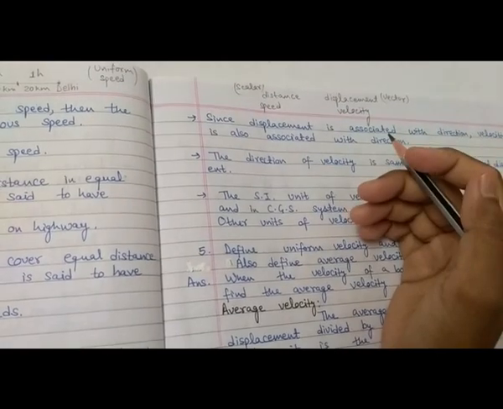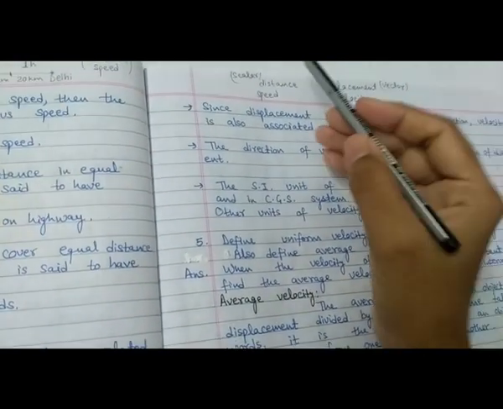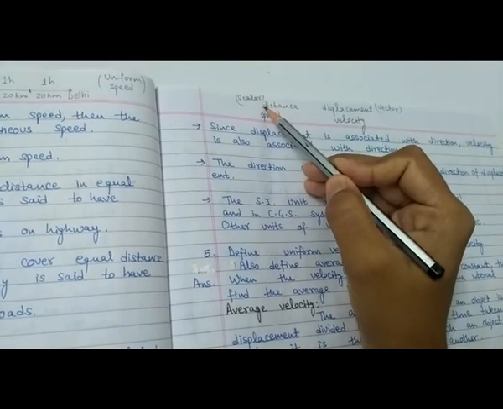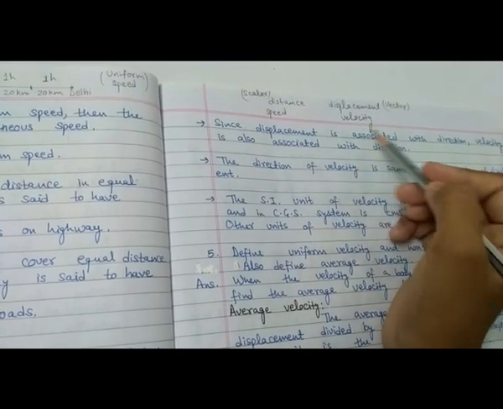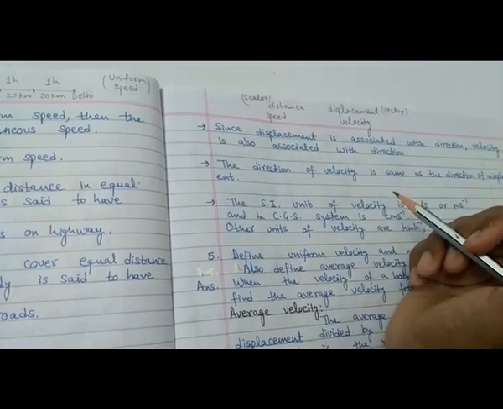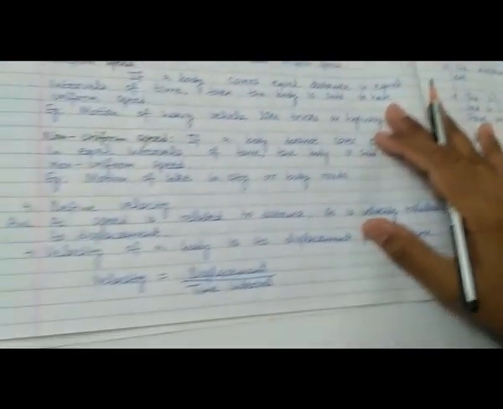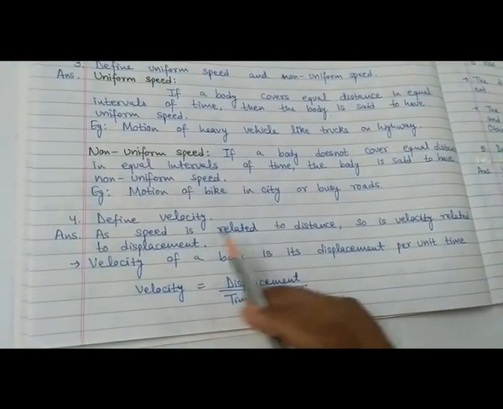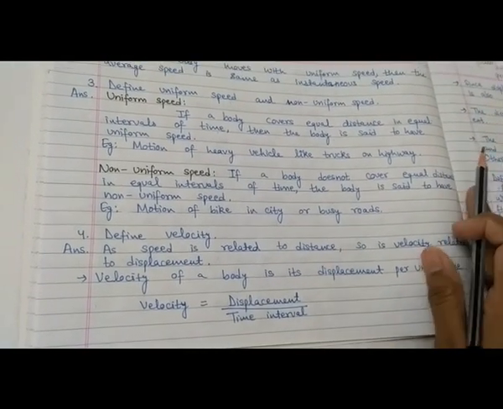So while studying velocity, everything will be the same except that we will consider displacement instead of distance, and we will also take the direction into consideration. Now, what is velocity? Velocity, as speed is related to distance, isn't it?